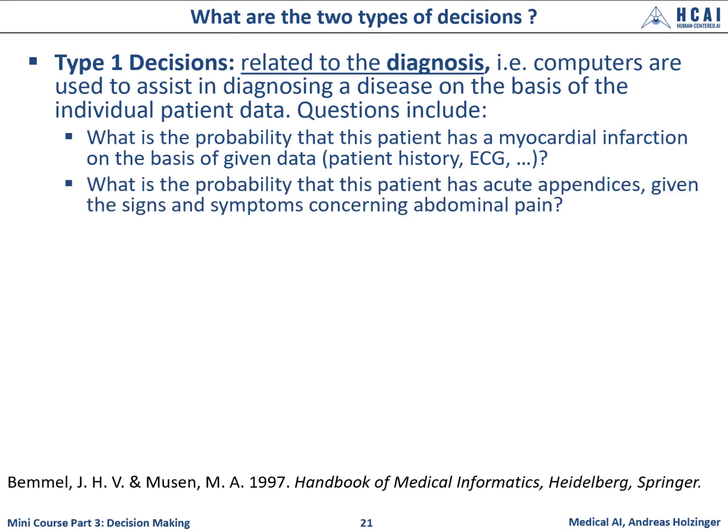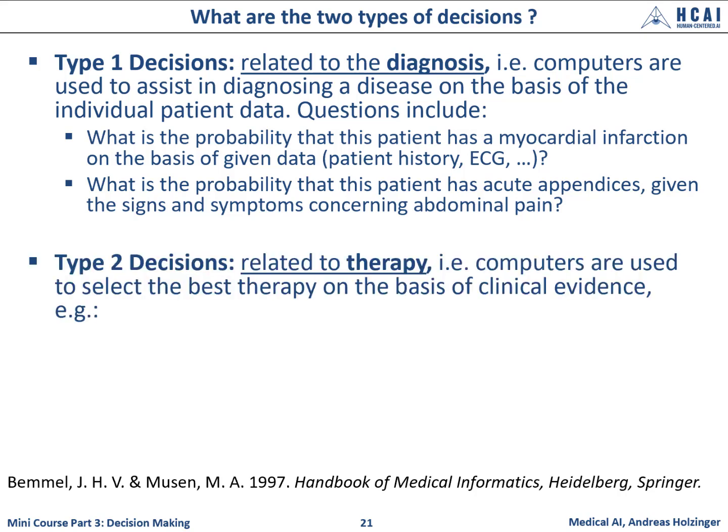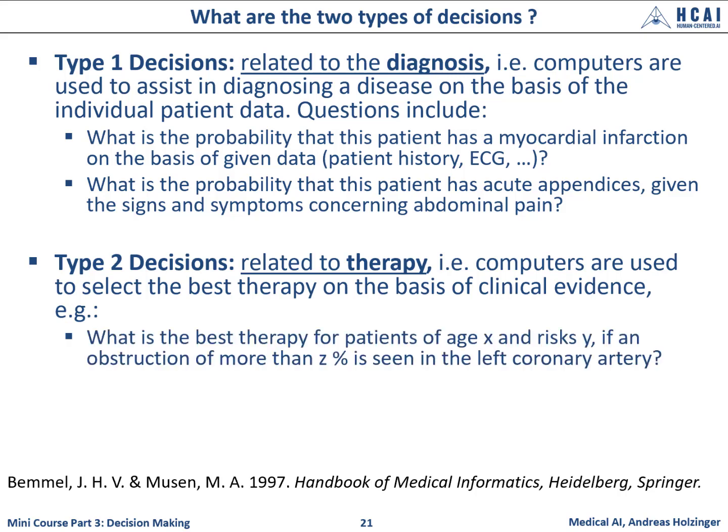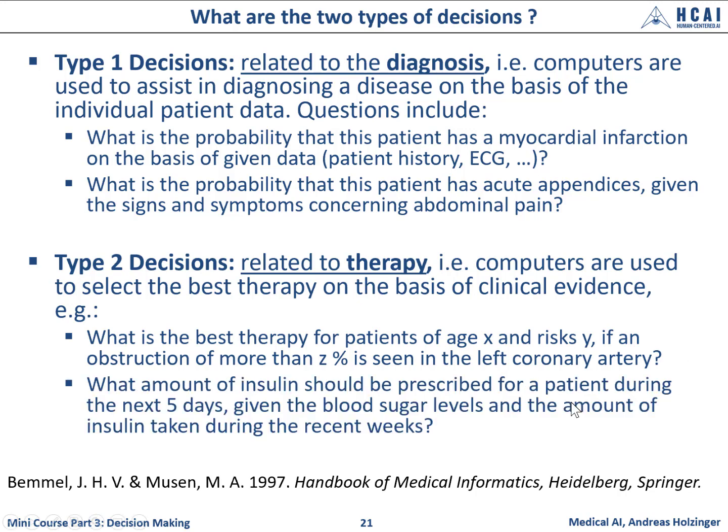And what is the probability that this patient has acute appendicitis given the signs and symptoms concerning this abdominal pain? This is contrasted to the type 2 decisions, related to the therapy. For example, computers are used to select the best therapy on the basis of clinical evidence. Example: what is the best therapy for patients of age X and risk Y if an obstruction of more than 7% is seen in the left coronary artery, as a typical example?